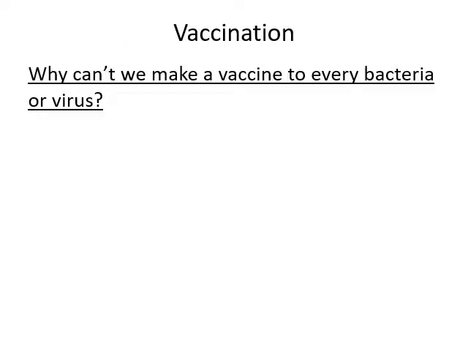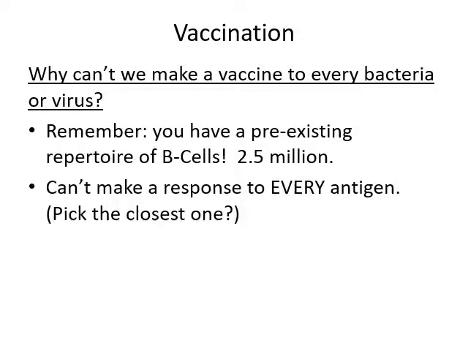Okay, now the question remains, why can't we make a vaccine to every bacteria or every virus? Remember that you have a pre-existing repertoire of 2.5 million types of B cells that can make antibodies that bind to 2.5 million different foreign antigens, but we don't have an unlimited number of B cells that can respond to an unlimited number of foreign proteins.